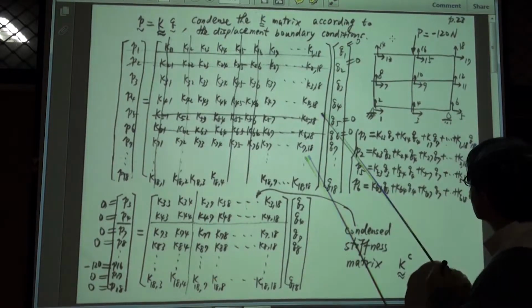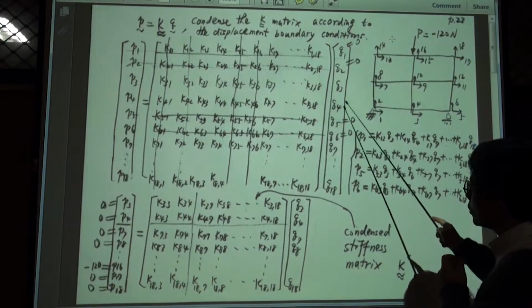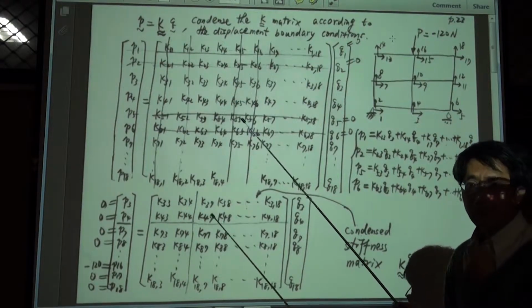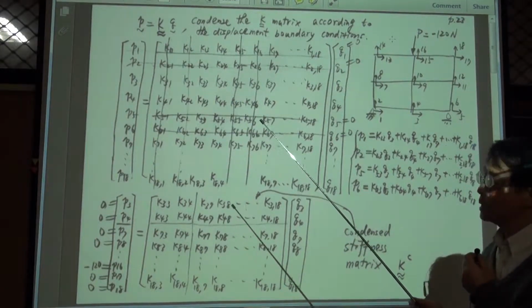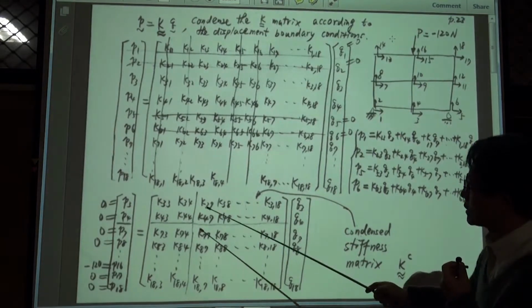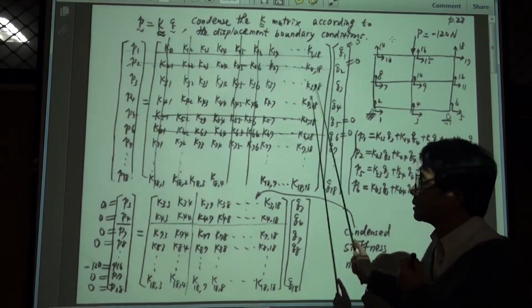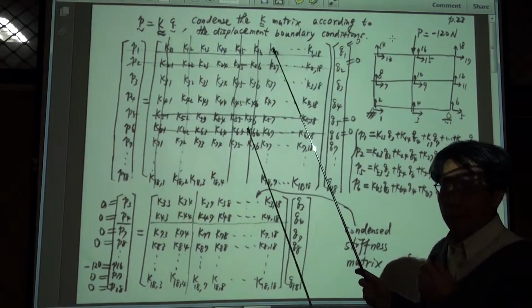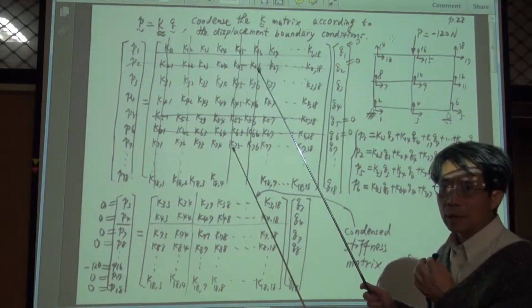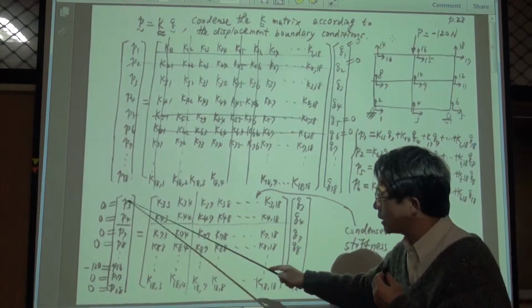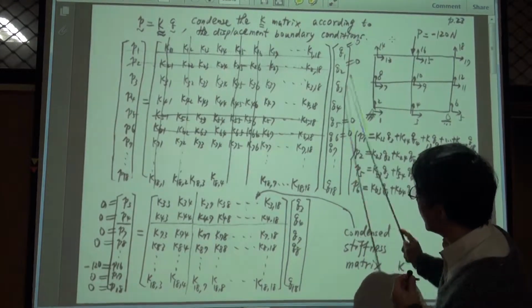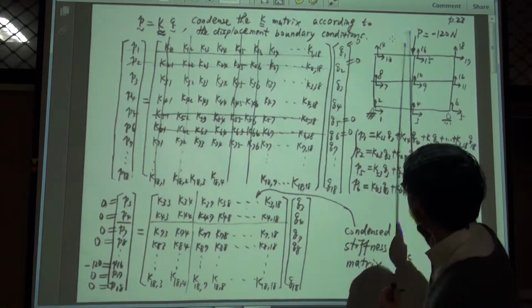Why? Because nodal forces are lumped stresses. So nodal forces are the resultant forces. So this is in equilibrium. So every material point is in equilibrium. So the nodal forces at this point and this point are all equal to 0 except this one.